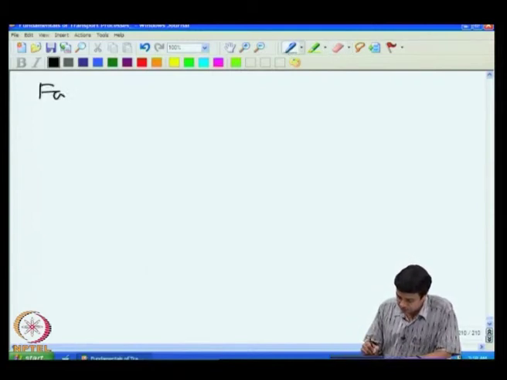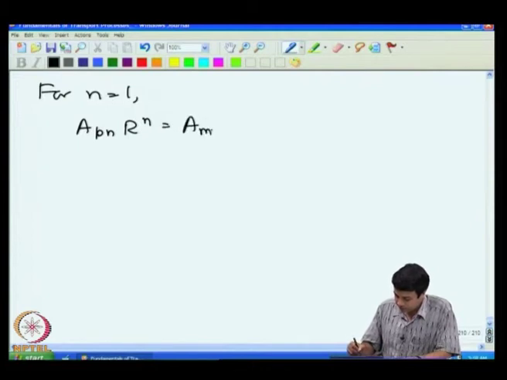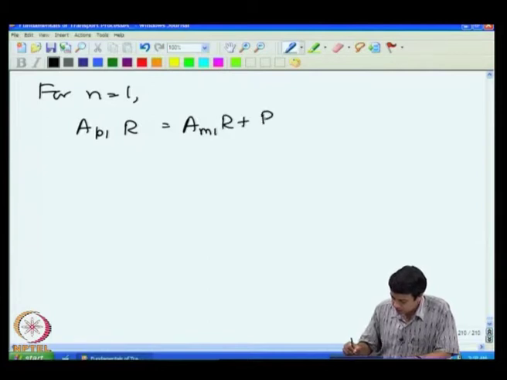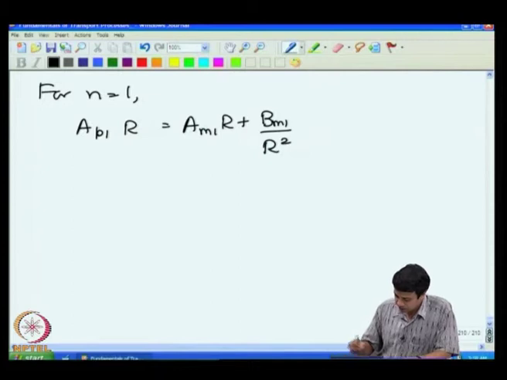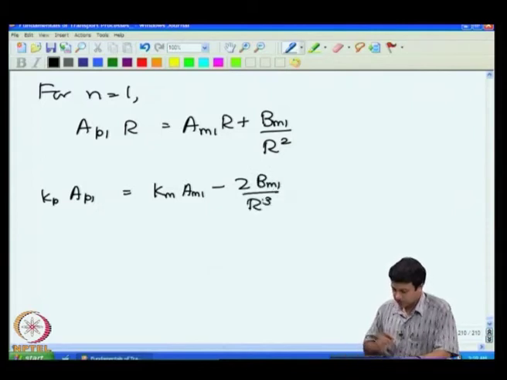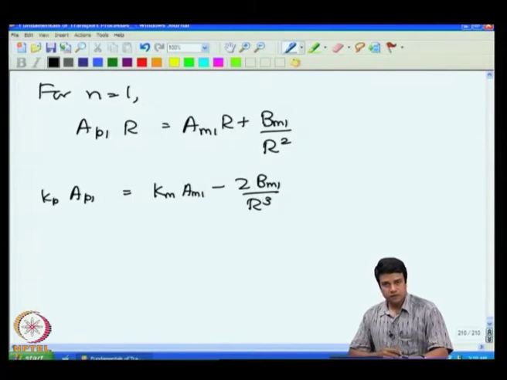For n equal to 1, A_p1 r is equal to A_m1 r plus B_m1 by r squared, and K_p A_p1 is equal to K_m (A_m1 minus 2 B_m1 by r cubed). So, these are the coefficients for n equal to 1.